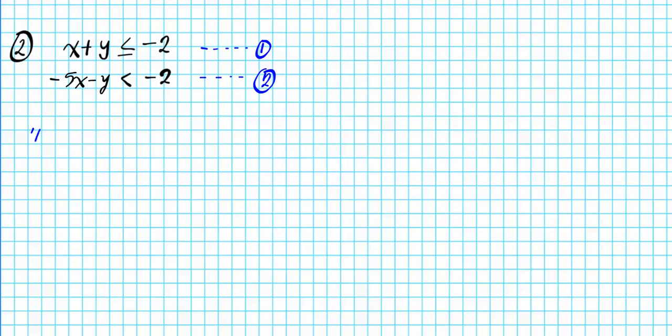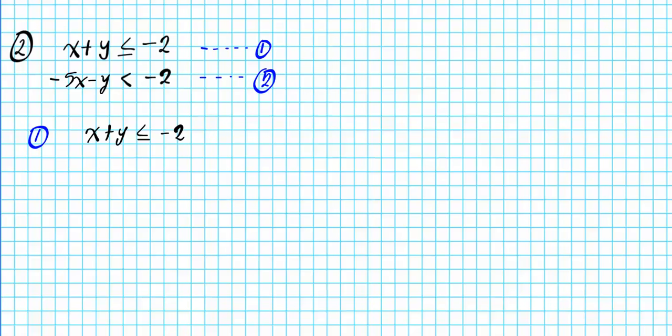Okay, so there are 2 ways you can do this. You can use intercepts to generate the points, or you can use slope-intercept form. Now, for inequalities, it is very important to use the slope-intercept form because that will give you the correct orientation of your inequality symbol. All right, so keep that in mind. So you have x plus y is less than or equal to -2.